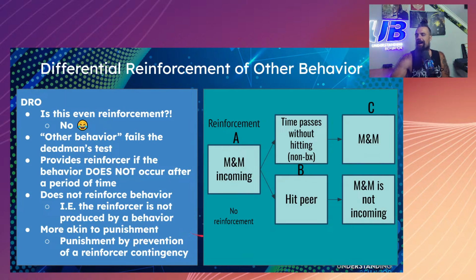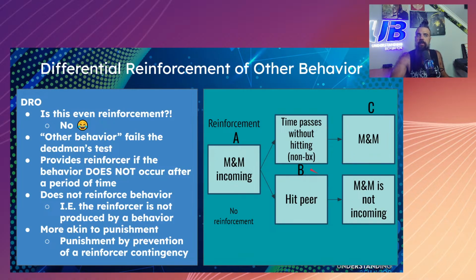Yeah, so Danielle's saying she was always taught it was reinforcing any behavior other than the target behavior, and that's an inaccurate way to look at it because the reinforcement is not contingent on it. So it's like, okay, well technically they're breathing, should I reinforce breathing? And no, you're not immediately providing a reinforcer for breathing.